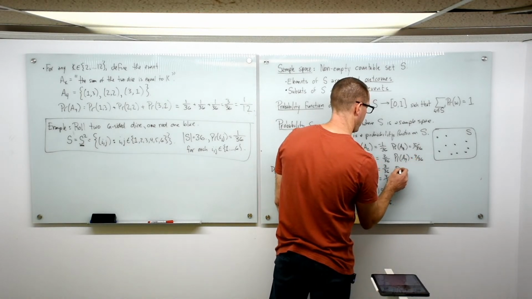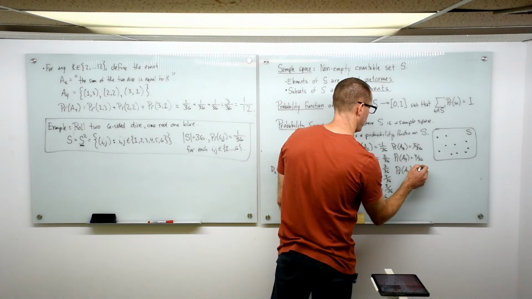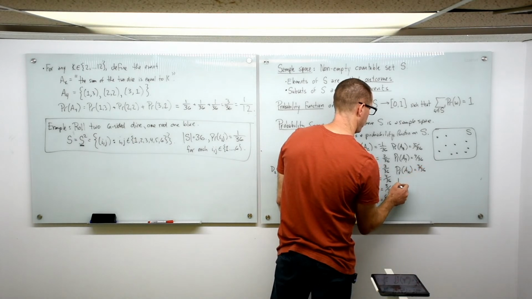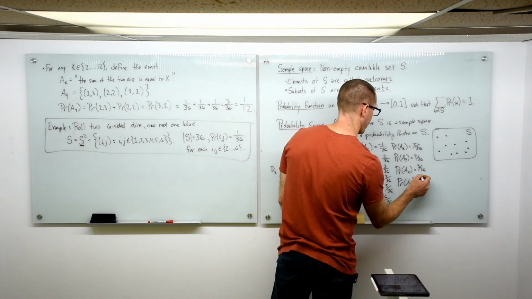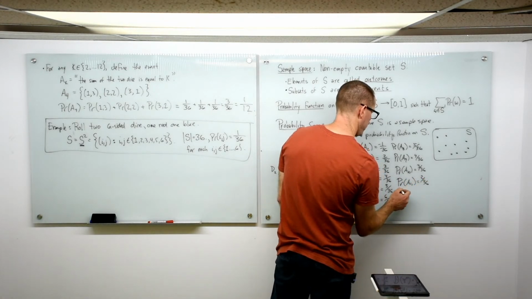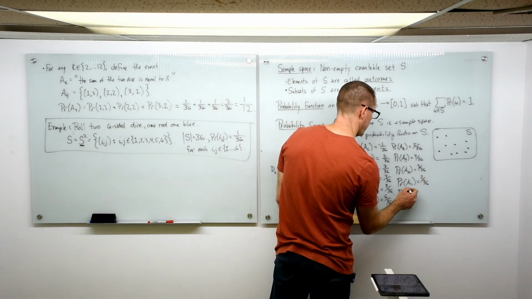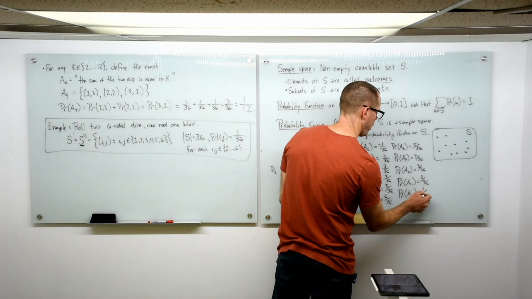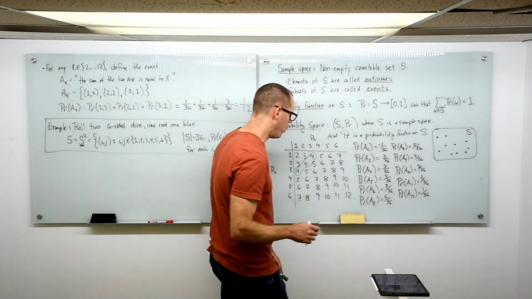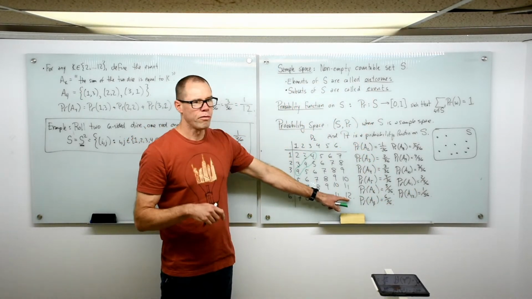And it goes down, down, down. Until finally the probability that I roll a 12, well, you see that that looks a lot like a 1. The only way that I can roll a 12 is if I roll two 6s.